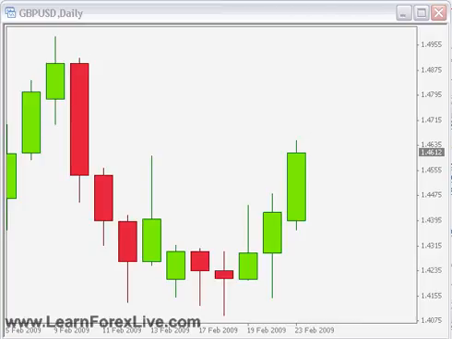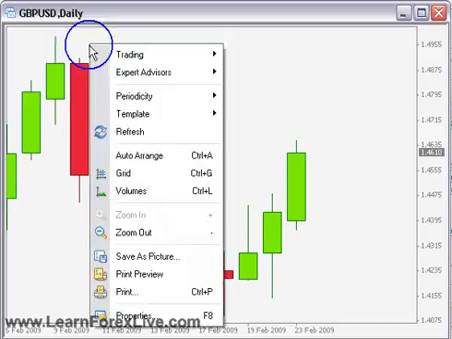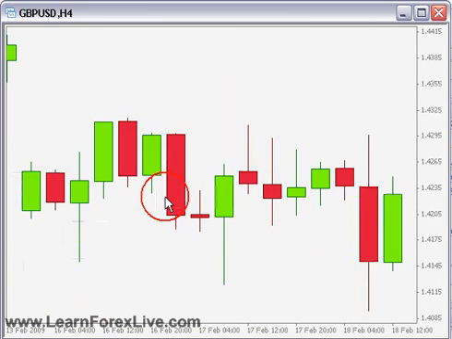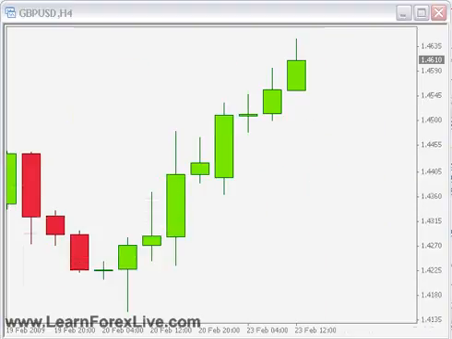So instead of having, in this case, the sterling pound against the American dollar set to the daily time frame, you can set your chart. If we go here to periodicity, you can set that up to, for example, the 4 hours time frame, and therefore each individual candle represents 4 hours of price action.